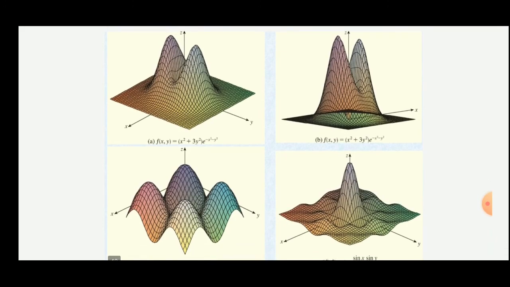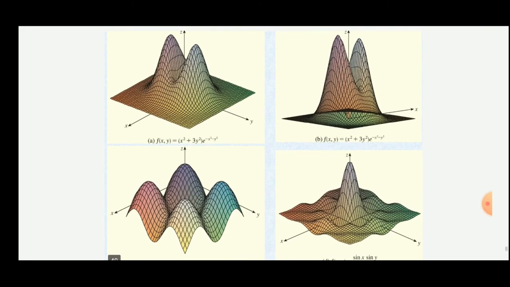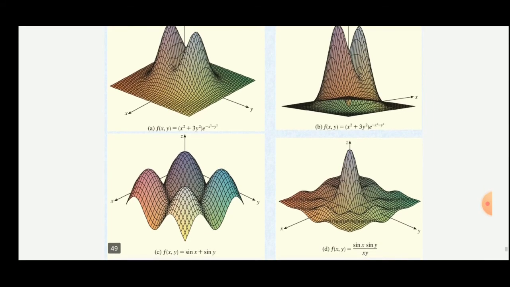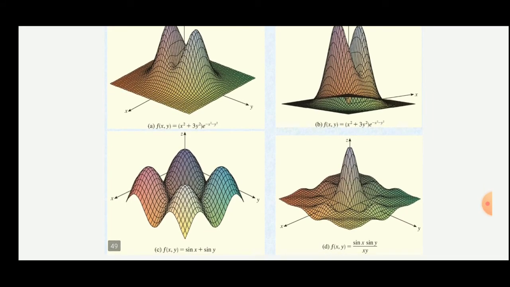So observe A and B. Both are two different looks of the same graph: x square plus 3y square into e raised to minus x square minus y square. And next C and D. C is sin x plus sin y and D is sin x sin y upon x into y.